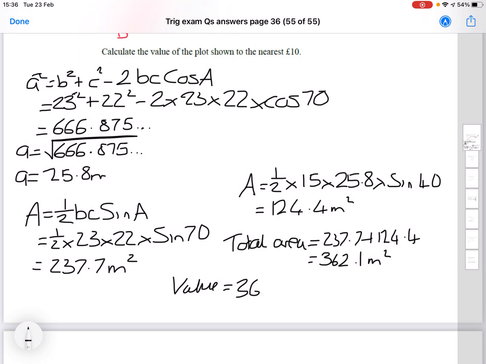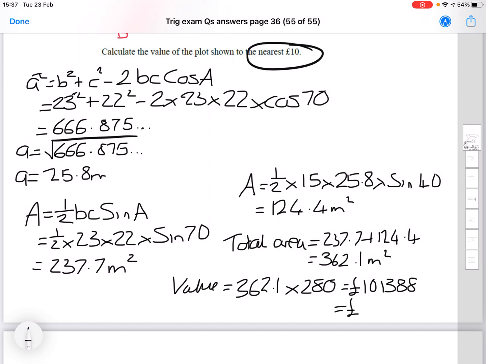So we've got 362.1 square metres, times £280, we're going to get 101,388, and then to the nearest £10 for rounding the answer, that would be 101,390. So £101,390.